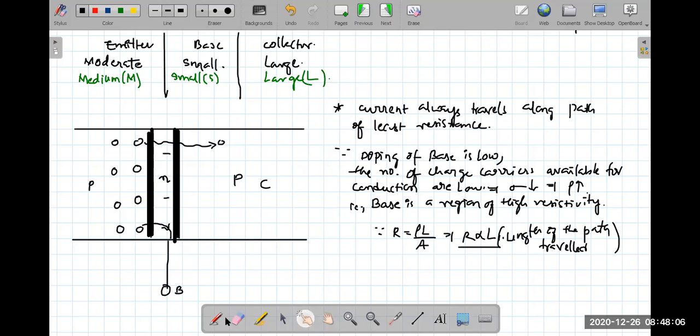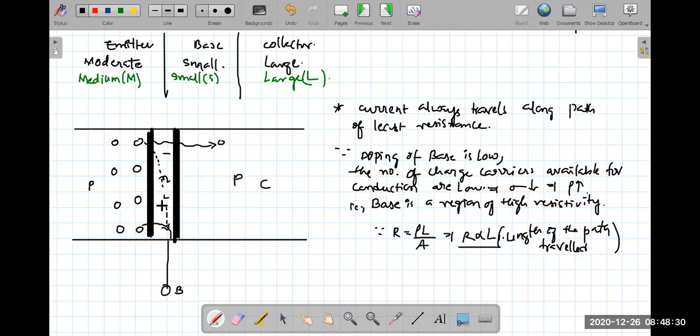Now what is happening here? Any hole reaching over here will have two options. This hole can cross this base region directly in the least path, or it can travel all the way to this base.